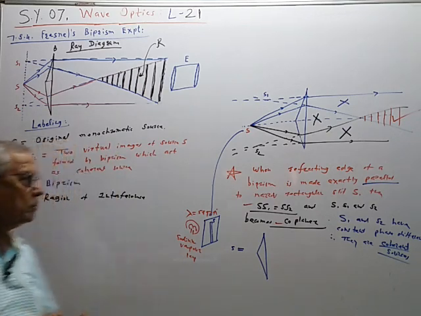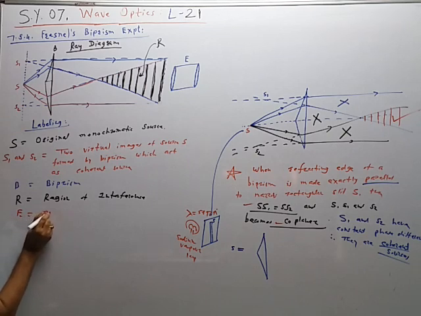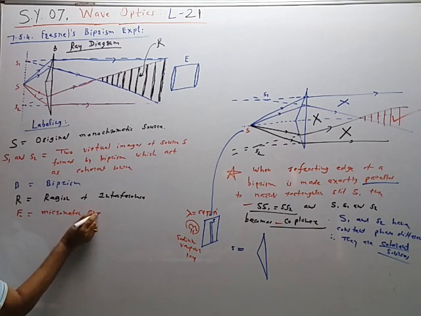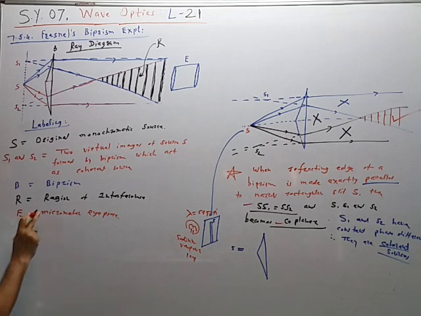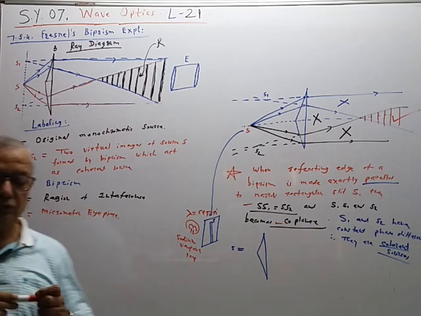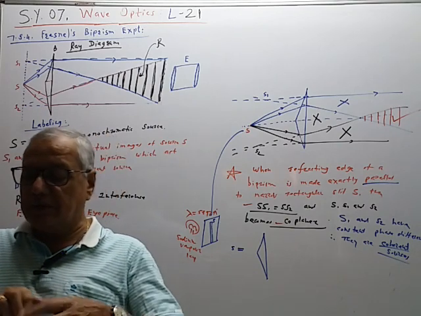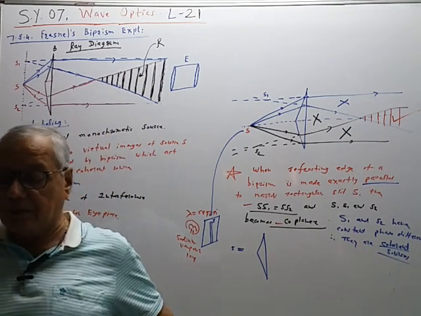E is a micrometer eyepiece, E for eyepiece. A scale of micrometer is attached, therefore it is called a micrometer eyepiece. So, this is the label diagram of the Fresnel biprism experiment.